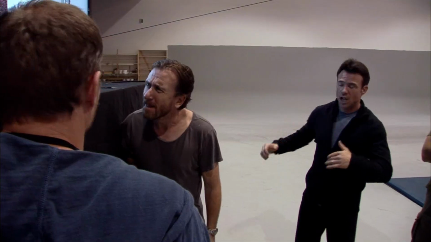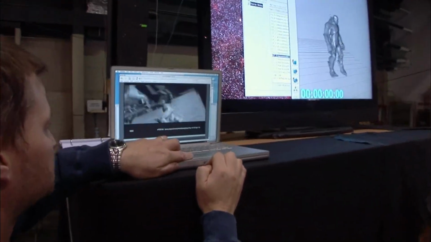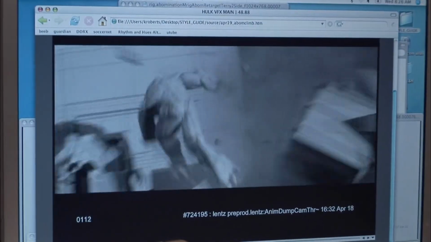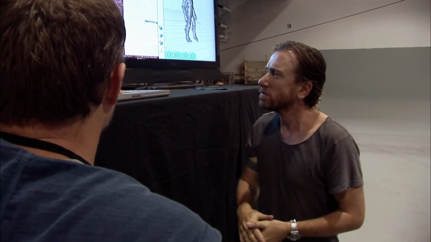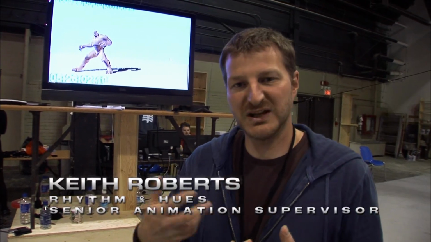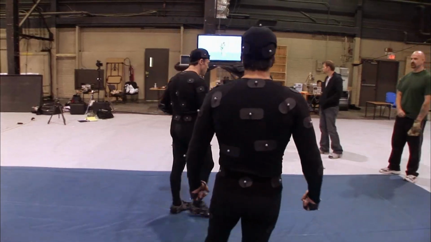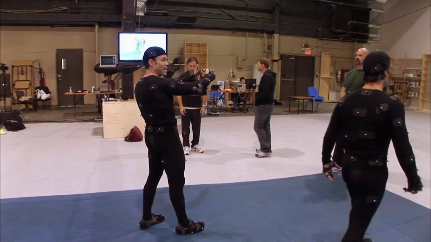Abomination will just change directions. He has the ability to put himself through the concrete, through the glass, and there's no grace to that aspect of it. So we're trying to work out choreography, and because the characters are so different, we're looking for different textures in the character, not only in timing, but also how is Hulk different from Abomination?